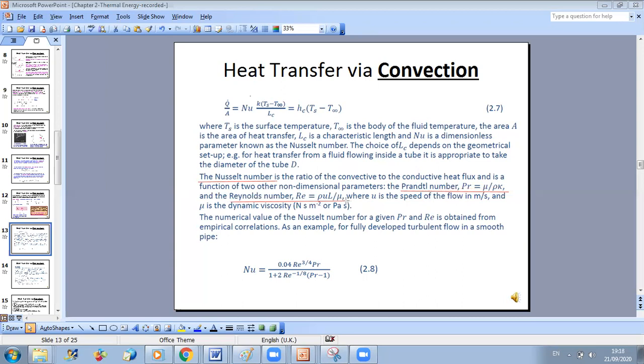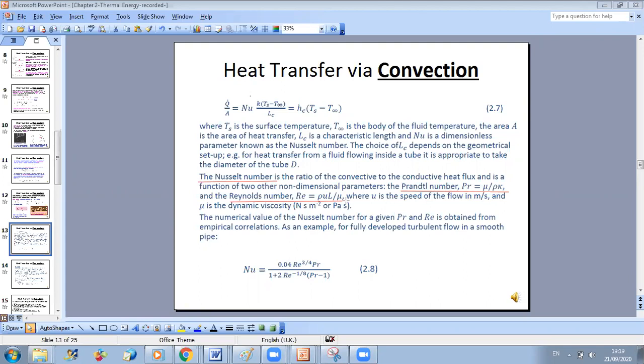We have seen together previously that convection is affected by several parameters, such as the fluid properties like viscosity, density, conductivity, and also by the fluid velocity and the geometry of your system. So if you want to include all of these parameters in one experiment, you can define several dimensionless numbers and relate them.